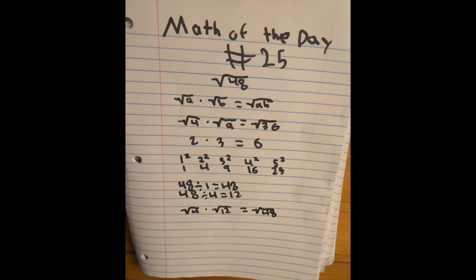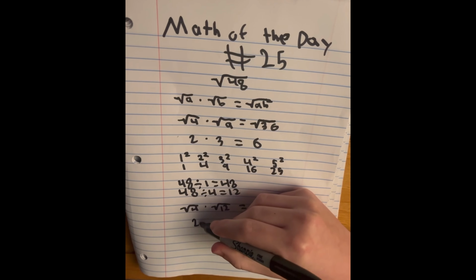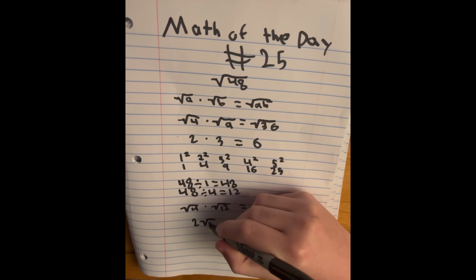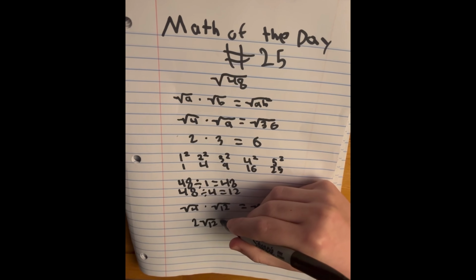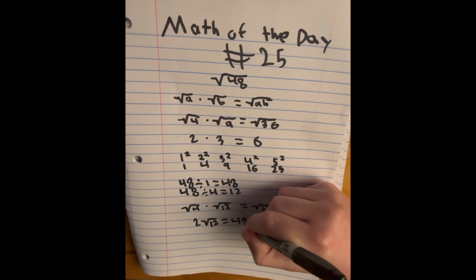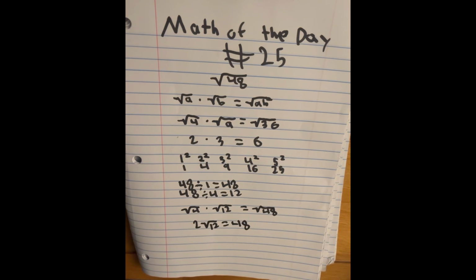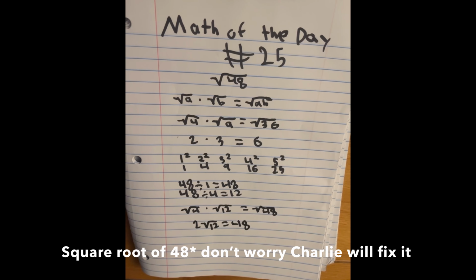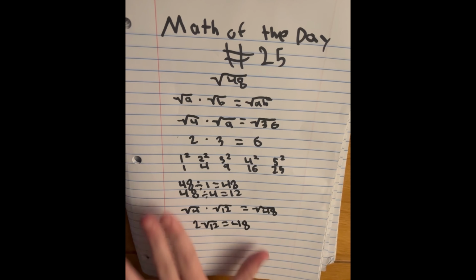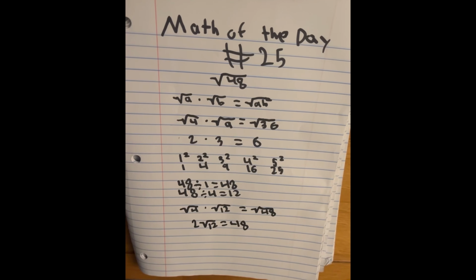And since we know that the square root of 4 is 2, that gives us 2 times the square root of 12 equals the square root of 48. This may be in simplified form, but we're not done yet. We can still do more.